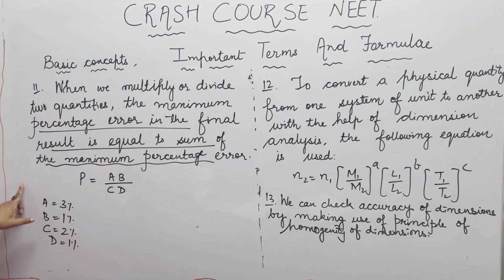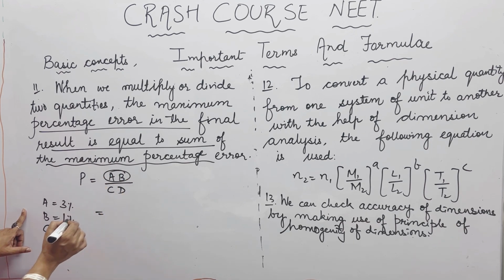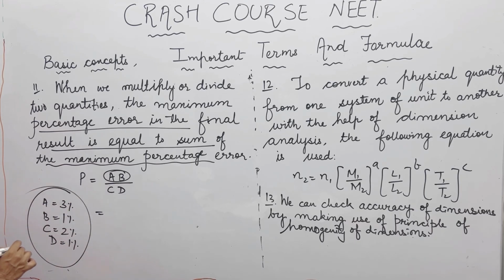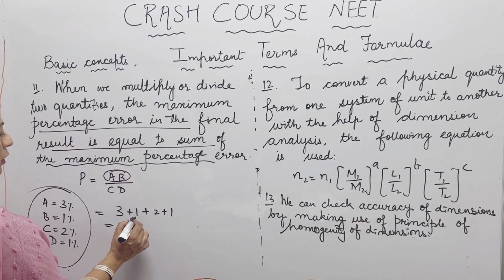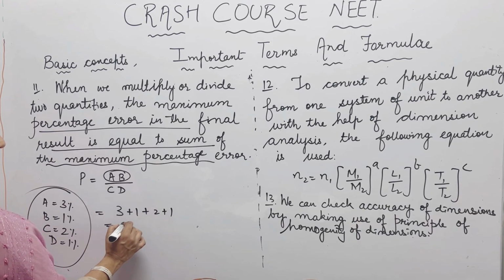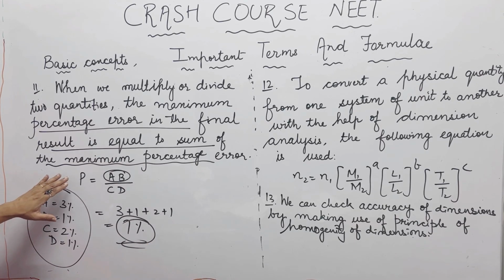So how much will be the total percentage error? These two are multiplied, AB is divided by CD, but in the result the percentage errors will be added up: 3 plus 1 plus 2 plus 1. So it will be 4, 6 and 7. 7% is the total error in this physical quantity.